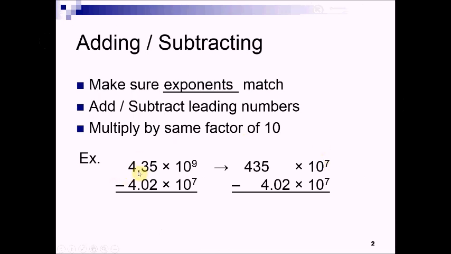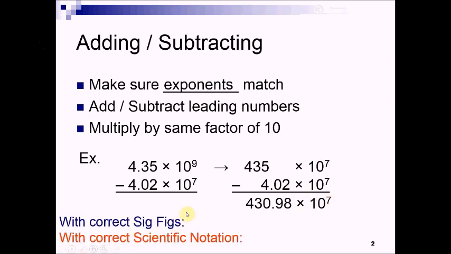So to make my leading number bigger by 2 factors of 10, I'm going to move my decimal place twice to the right. So that would give me 435 times 10 to the 7th. Now I can ignore the exponents since I made them the same and simply subtract this problem, where we get 430.98 times 10 to the 7th.